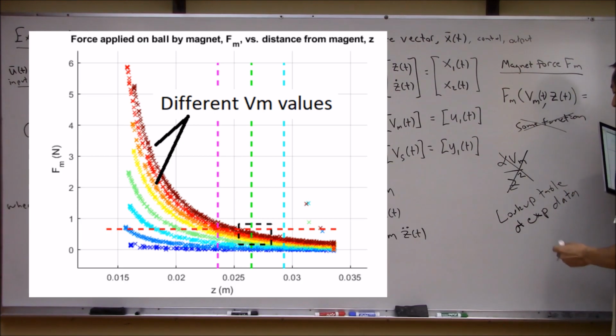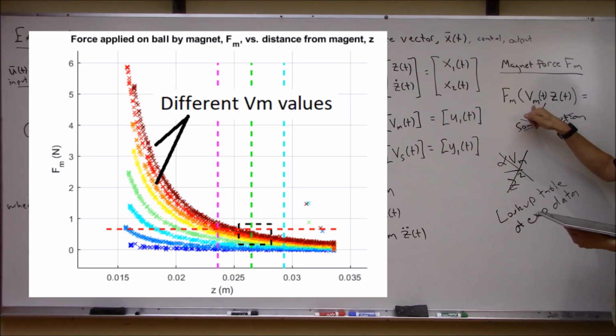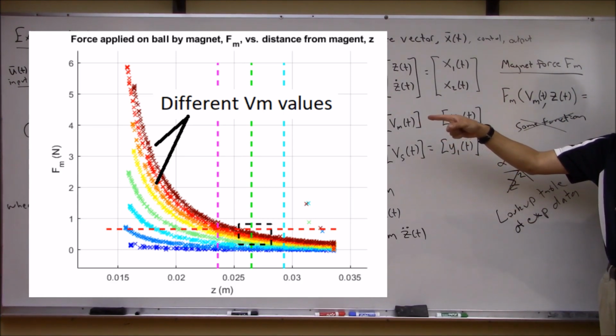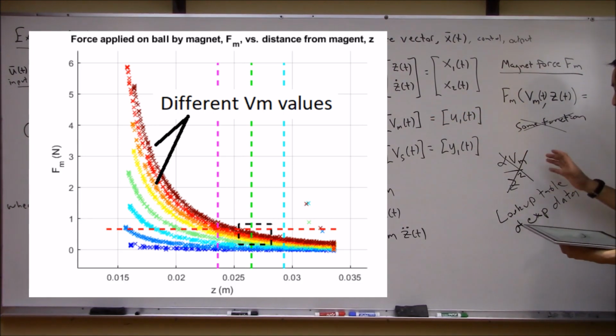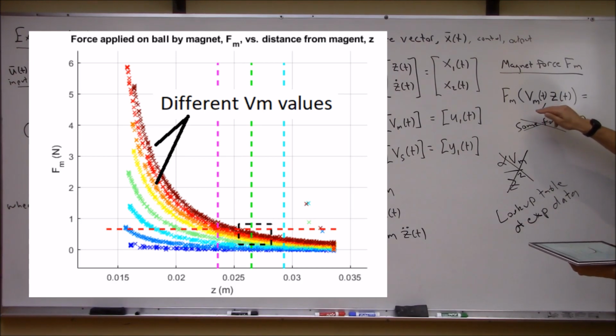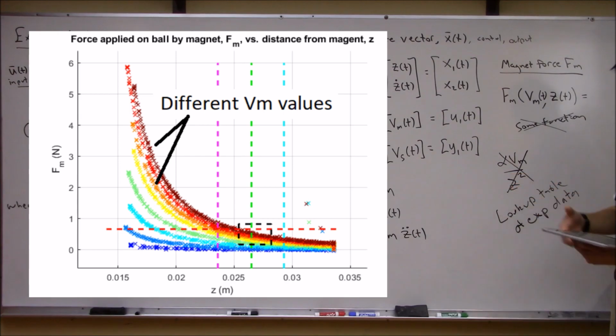Basically, you tell me the voltage you put on the magnet and the position of the ball away, and I'm just going to look up the magnet force via this mapping of experimental data that we've got here. So long story short, the thing to take away from this is that this magnet force is very, very complicated and very nonlinear.